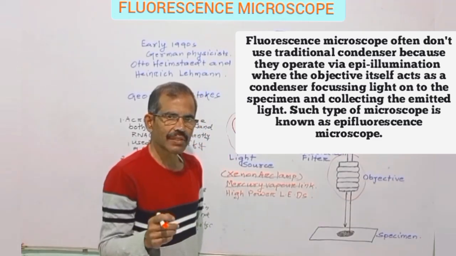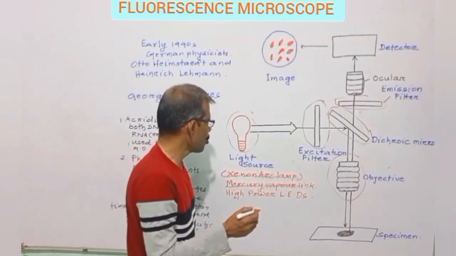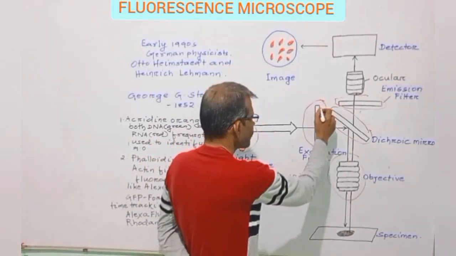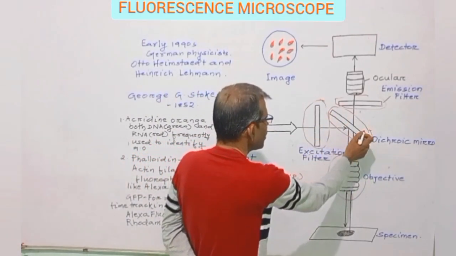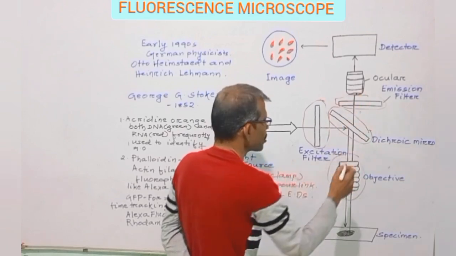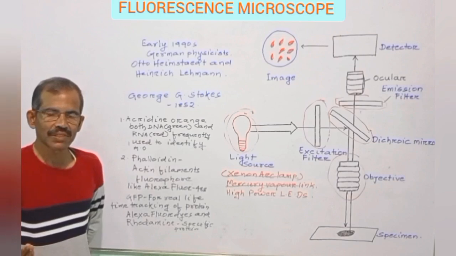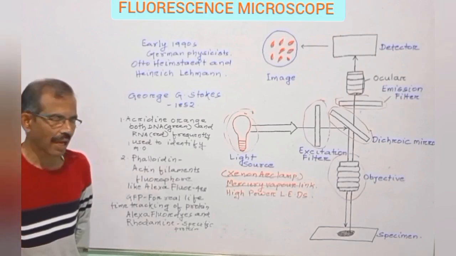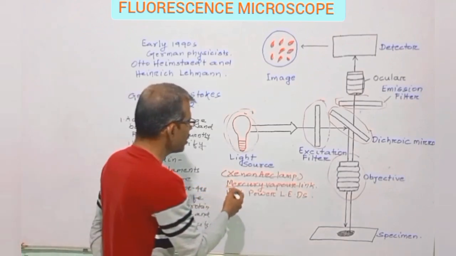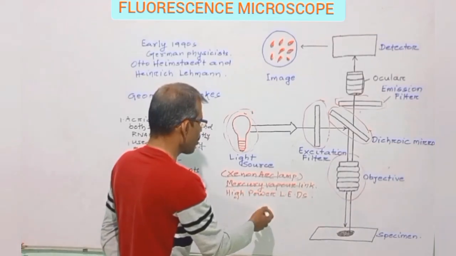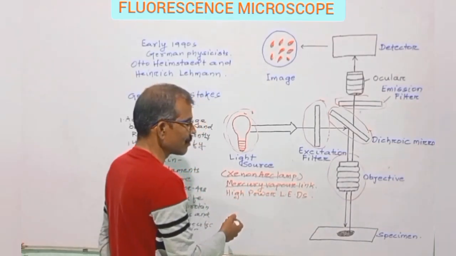Typical components of a fluorescence microscope are a light source, excitation filter, dichroic mirror and the emission filter. The light source, which transmits high intensity bright light, is usually a xenon arc lamp, a mercury vapor lamp or a high power LED.